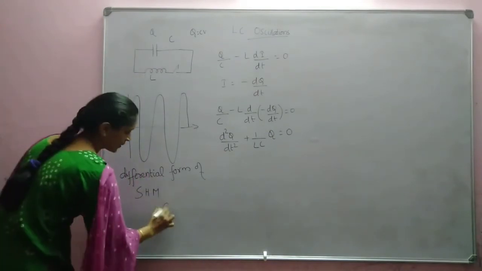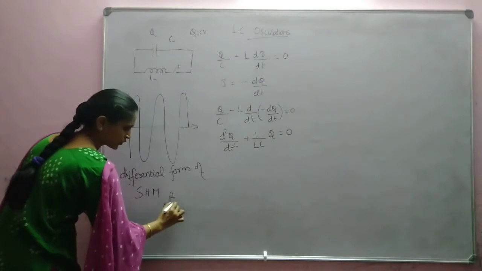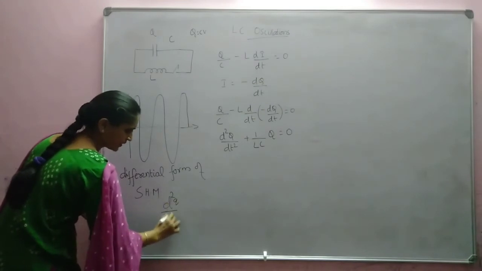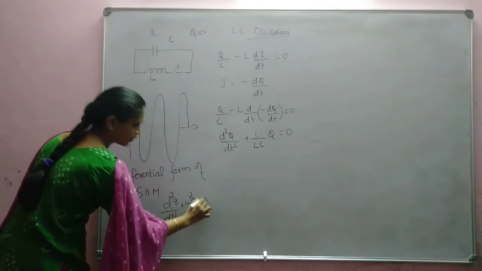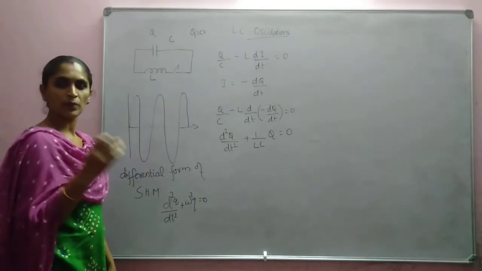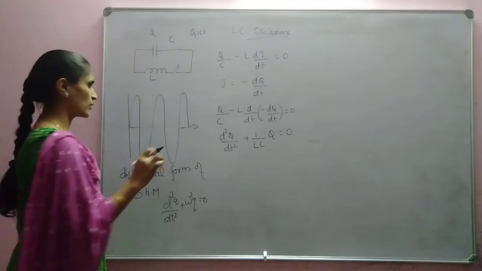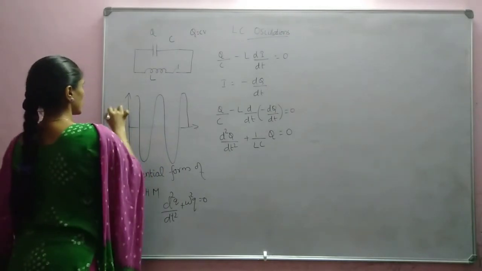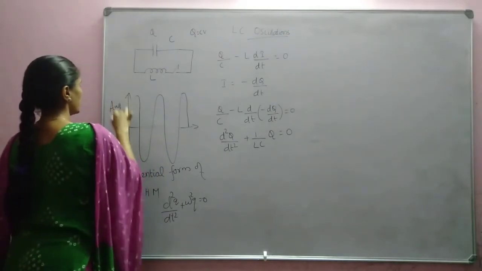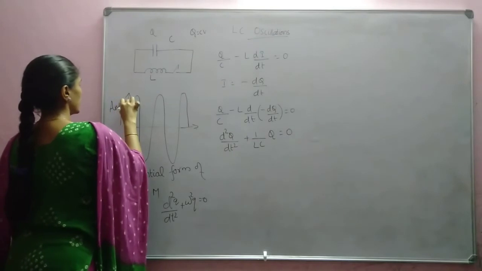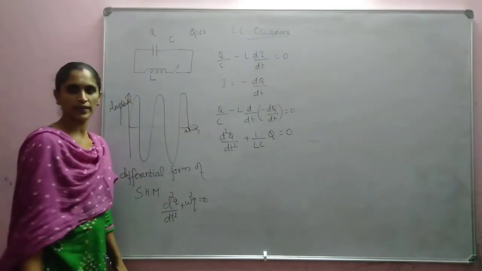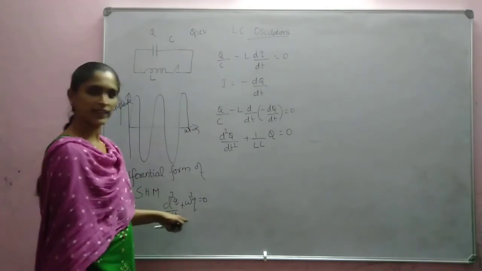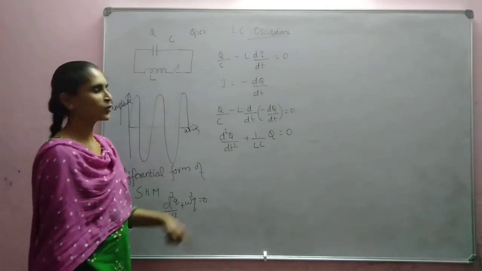Here we can write d square x by dt square plus omega square x equal to 0, or d square Q by dt square plus omega square Q is equal to 0. And one more thing I forgot here: you have to write it as amplitude, and here you have to write omega t.